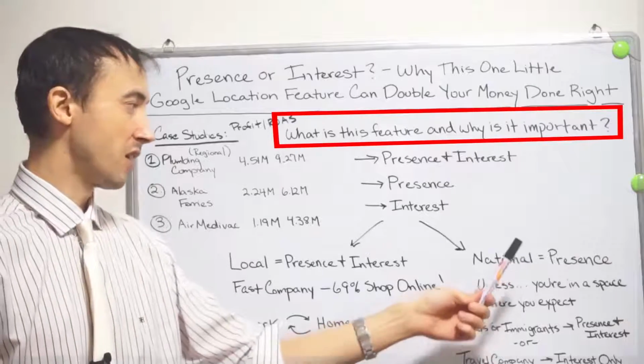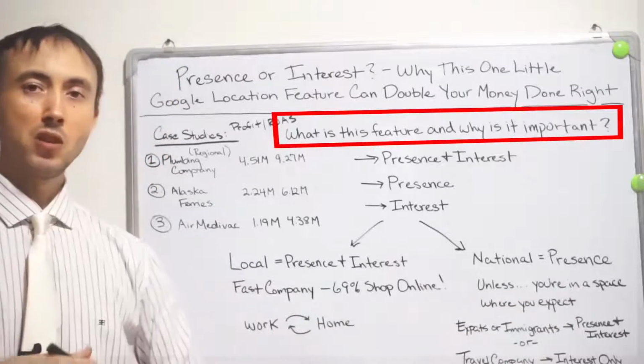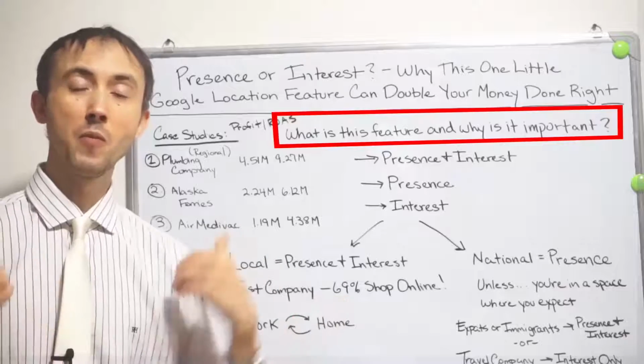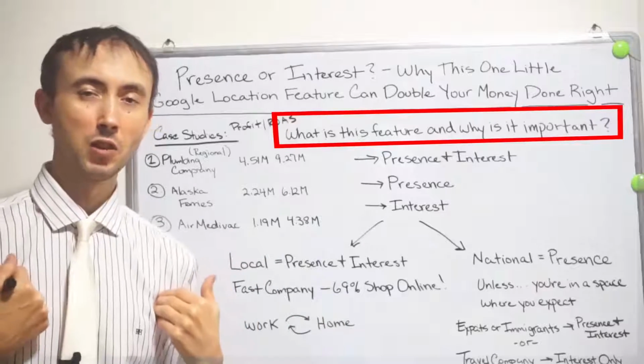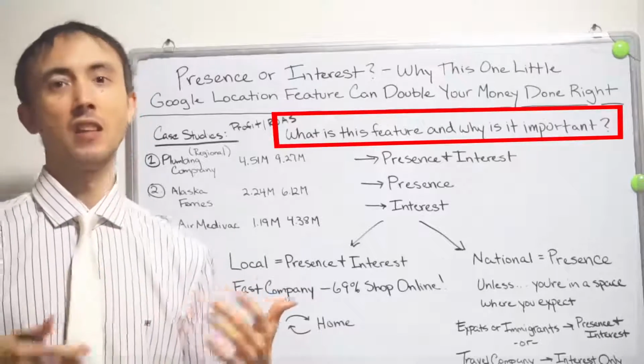Now, next, national companies, non-local basically. By default, I'm going to use presence because we don't want people outside. 99% of my clients are US based, so this is just talking about people in the US market. Outside the US is a different story.